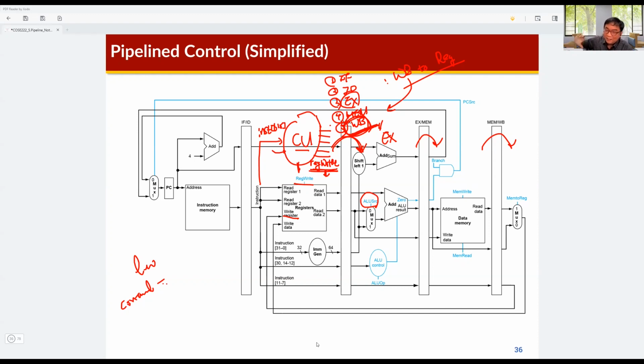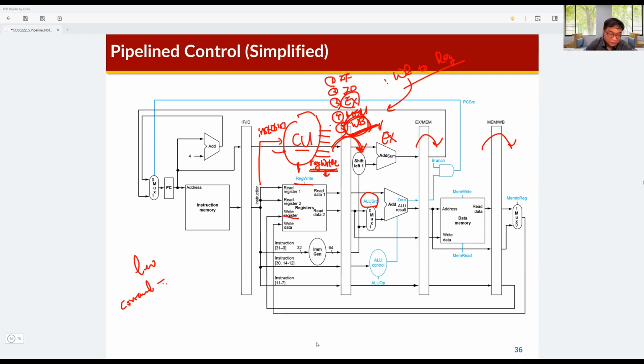Because reg write is consumed at write back stage, this reg write signal should be propagated until write back stage. And in the same manner, ALU source is consumed at execution stage. That means the ALU source is propagated until EX stage.